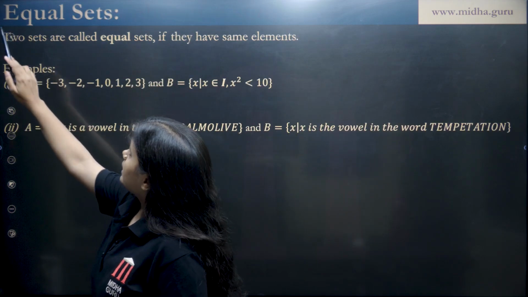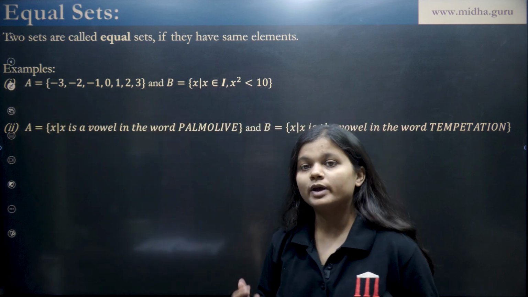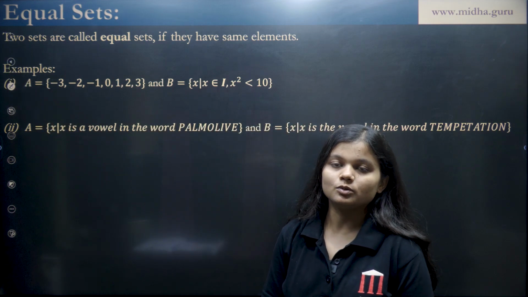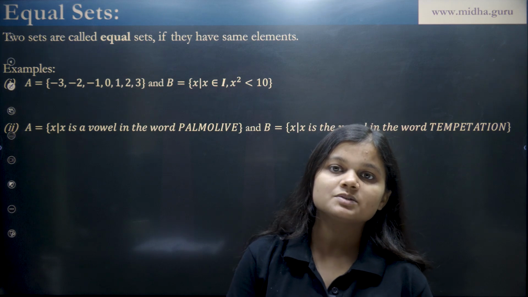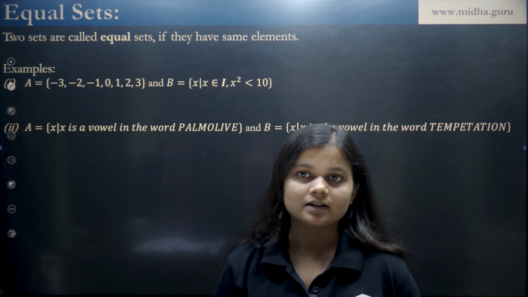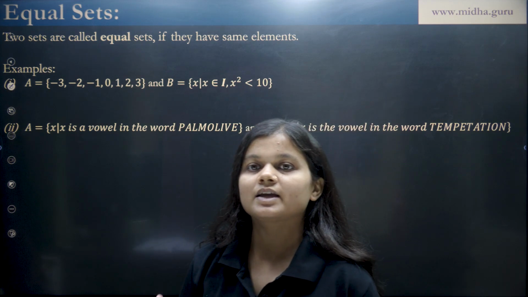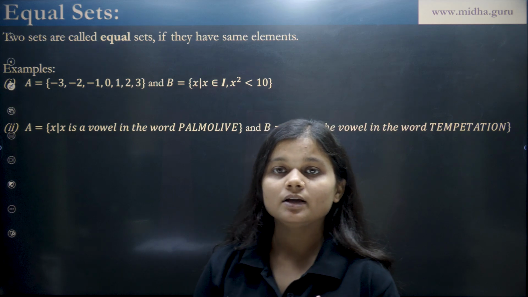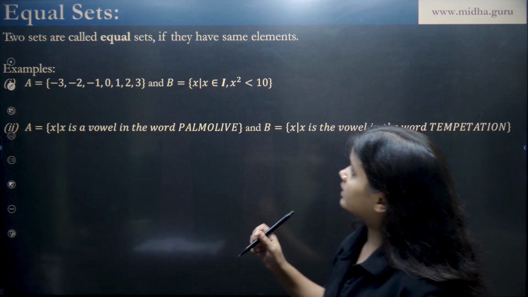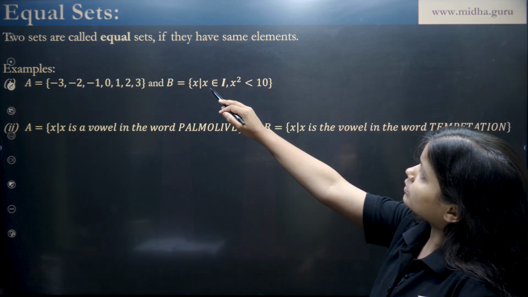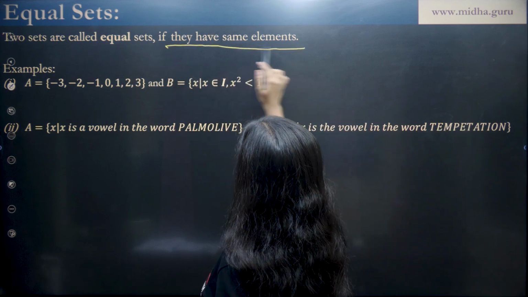Okay, next is equal sets. Two sets are said to be equal if the number of elements present inside the sets is equal. But not only the number of elements, the sets are called equal sets if they have the same elements.